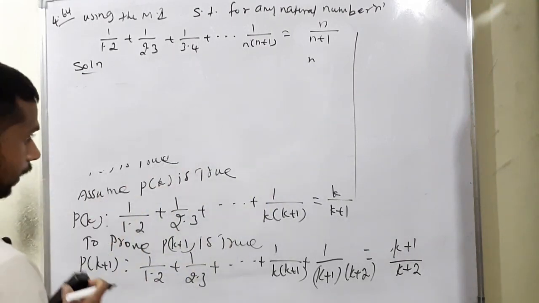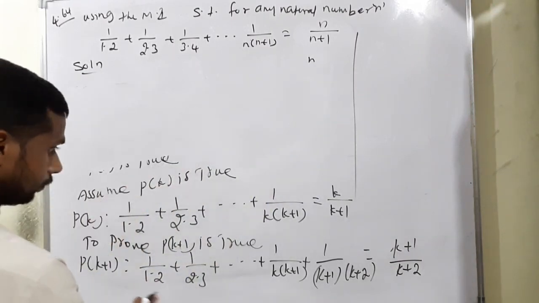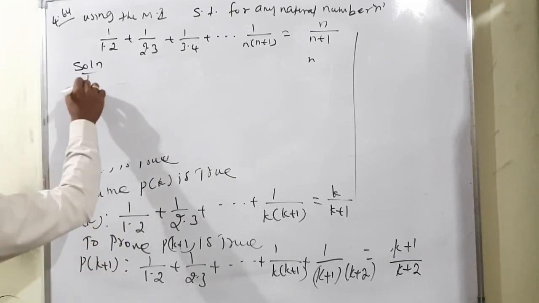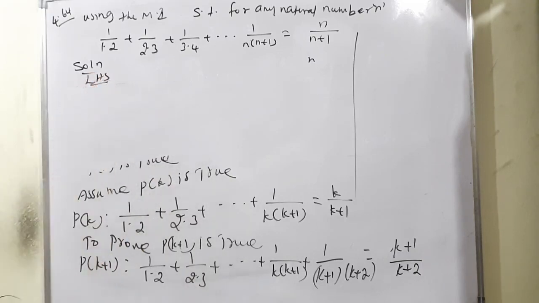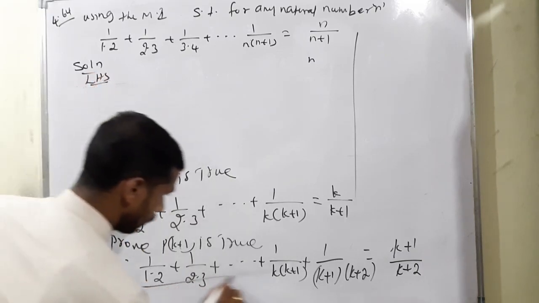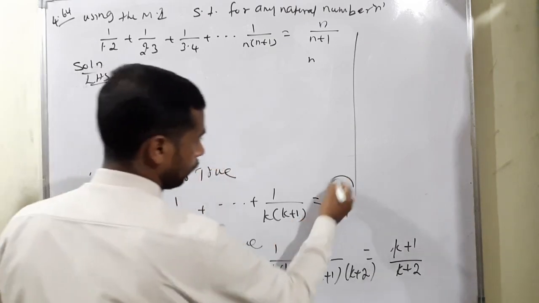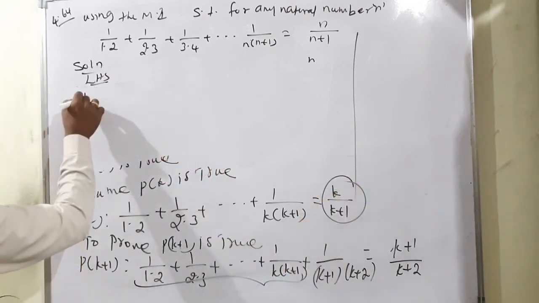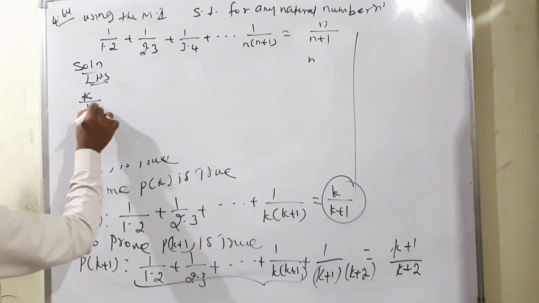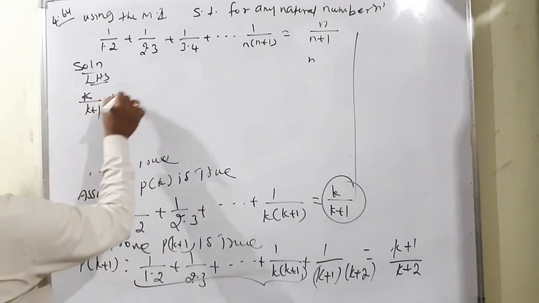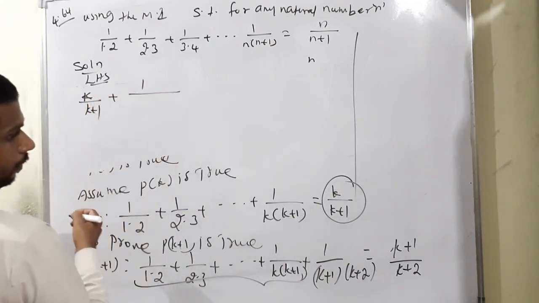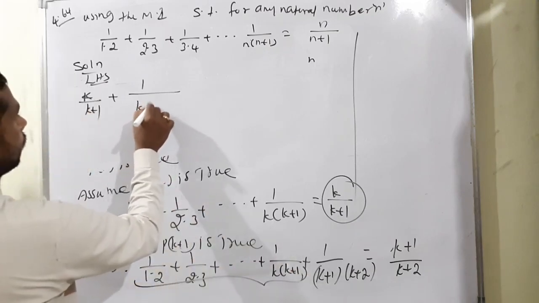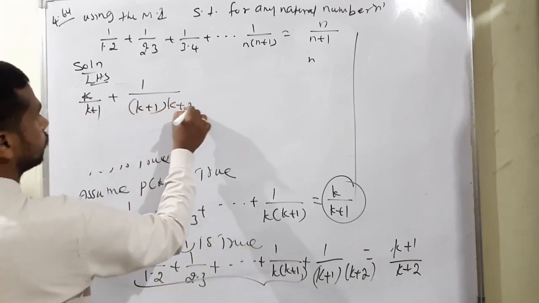The value, the LHS term. So LHS term up to 1 by k into k plus 1 means we can write it k by k plus 1, then plus 1 by k plus 1 into k plus 2.